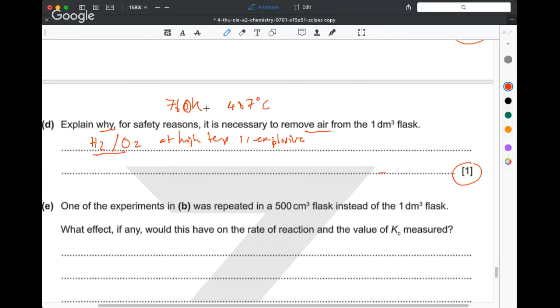It's explosive, and you're at a high temperature. Well, you don't want too many explosions, so you've got to make sure that you remove the oxygen, remove the air from the flask. And so for the 1 mark there, the examiner is expecting you to see both a high temperature and the explosive mixture as the reason that you're removing air from the flask. You've got to have both of those to get your full point, 1 mark there.